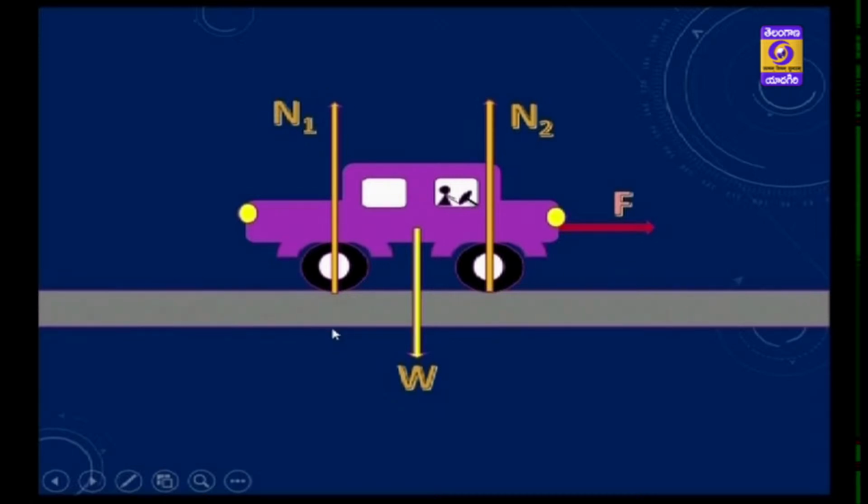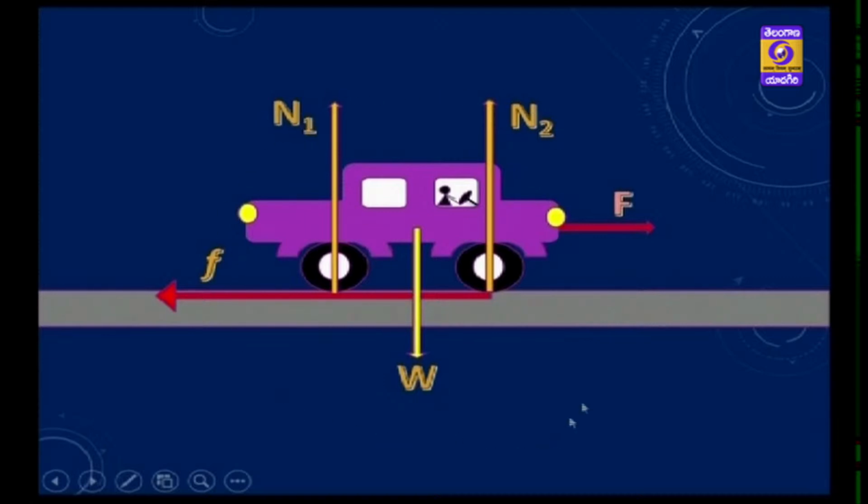Another force also acts on this car, which is invisible and always acts opposite to the motion, between the surface of the tires and the road surface. This is the frictional force, which opposes the motion of the car.